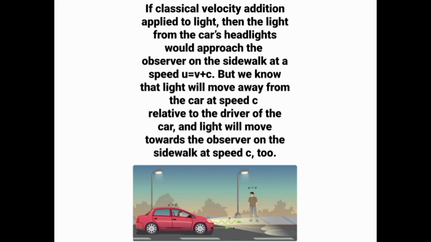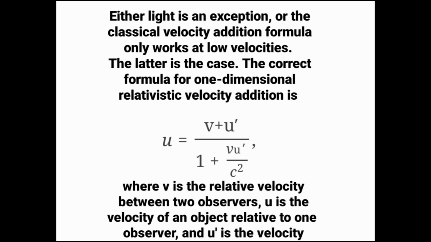According to experiment and the second postulate of relativity, light from the car's headlights moves away from the car at speed c and towards the observer on the sidewalk at speed c. Classical velocity addition is not valid. Either light is an exemption, or classical velocity addition only works at low velocities. The latter is the case.